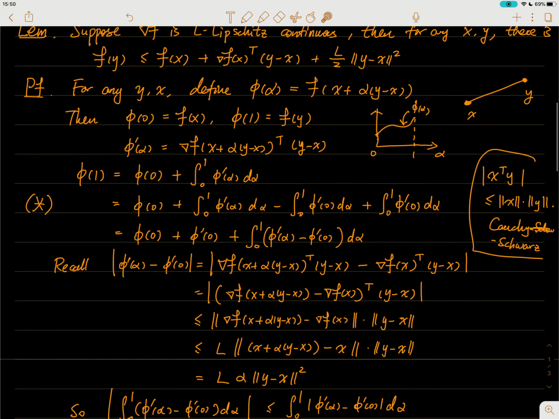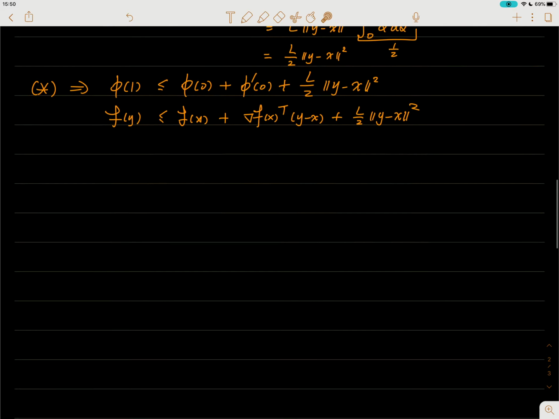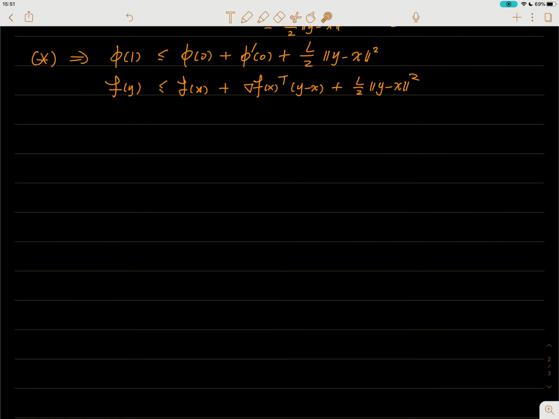Okay, so this is the key result we're going to use to prove that for a general function f, the gradient method with constant step size can converge if the step size alpha is within the interval 0 to 2 over L. So here is the final claim I'm going to make.